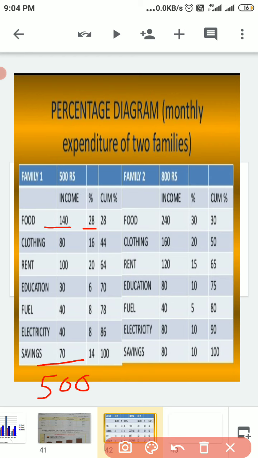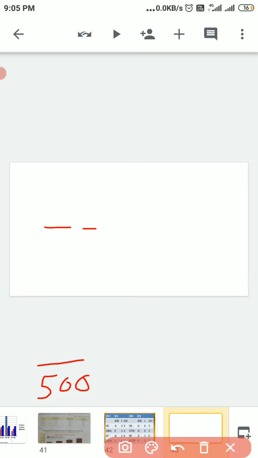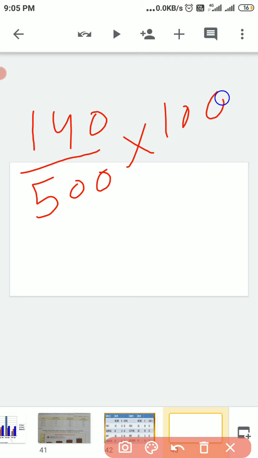Suppose, for example, food, 140 in the first column. So we will divide 140 by 500 to calculate the percentage. Like this, you can see here, 140 divided by 500 into 100 to calculate the percentage.